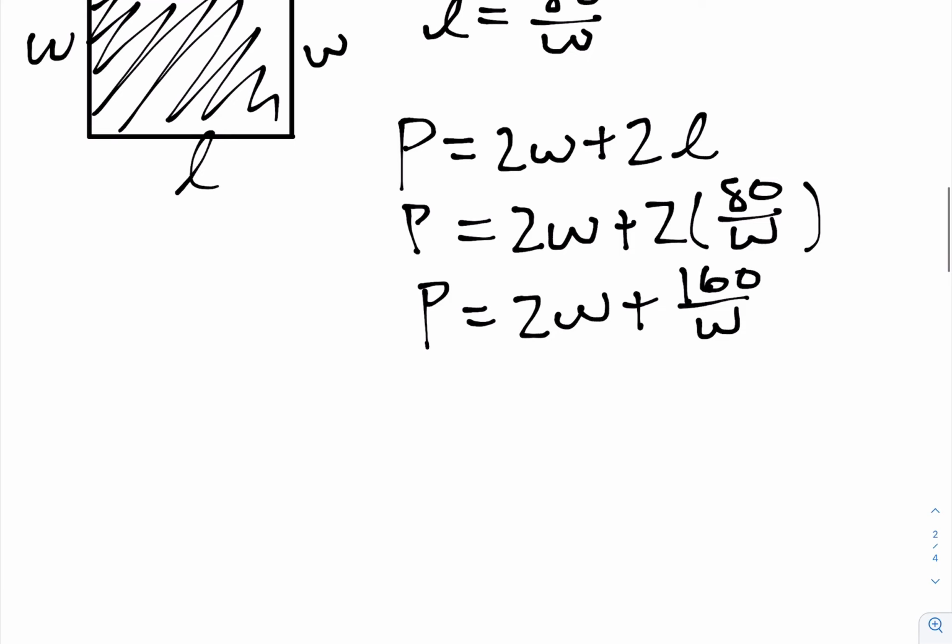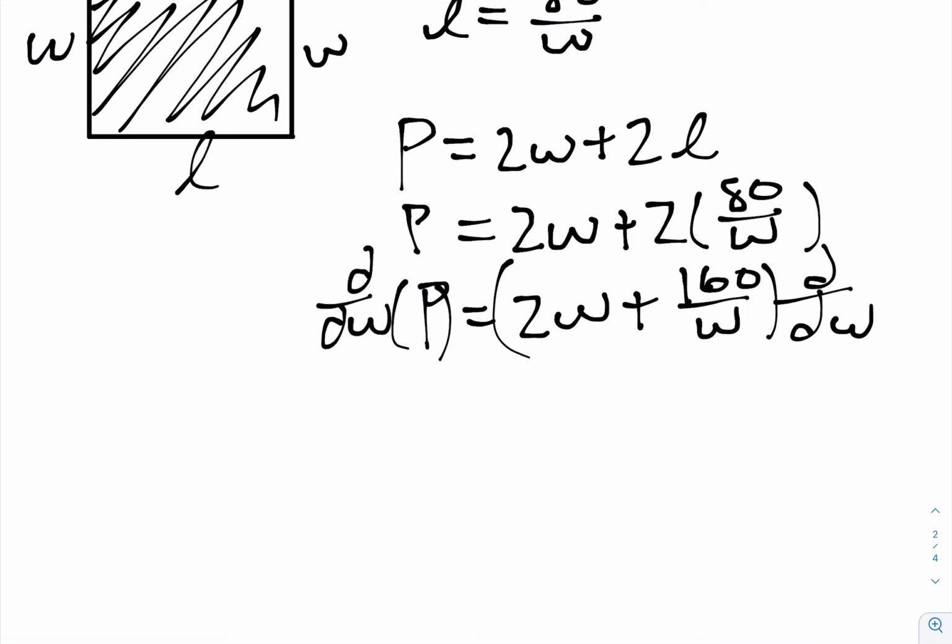So what we do now is we're trying to minimize this. So like we did in the last question, we're going to take the derivative with respect to W of everything, or we could just imagine that the critical value is going to be 0, right? And we're going to say the derivative of the right side is equal to 0. So the derivative of the right side with respect to W is 2 plus, well, let's think here. 160 over W is the same as 160 times W to the negative 1, right?